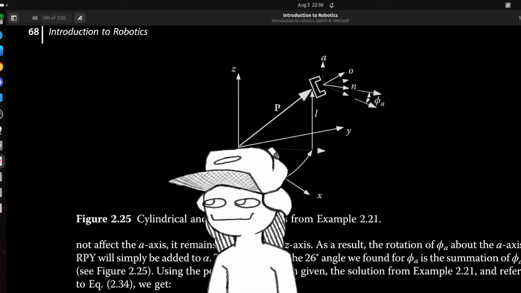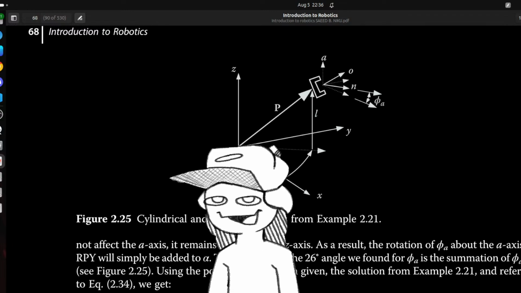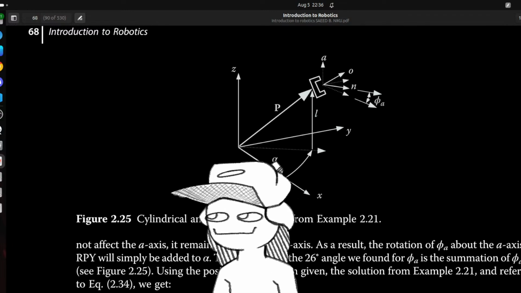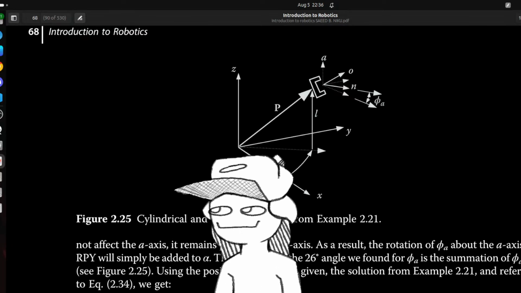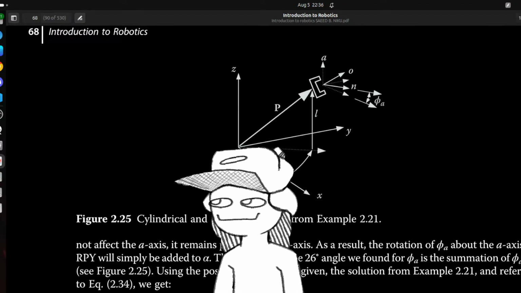The angle is found for alpha as a summation of phi plus alpha. The solution from example.